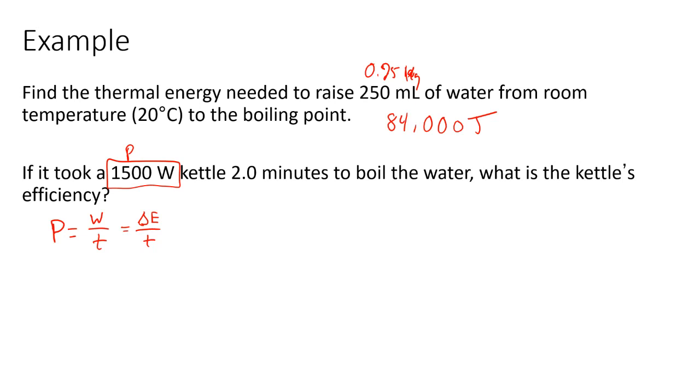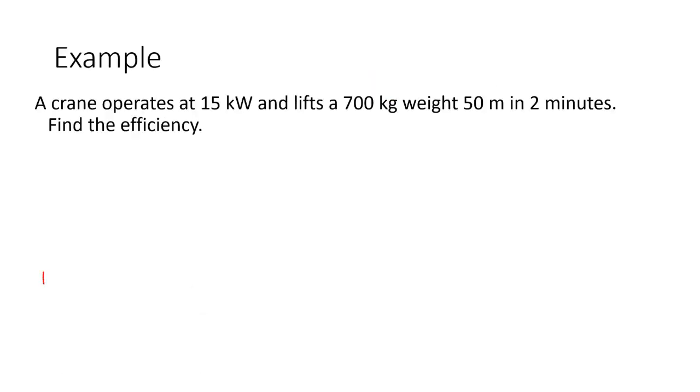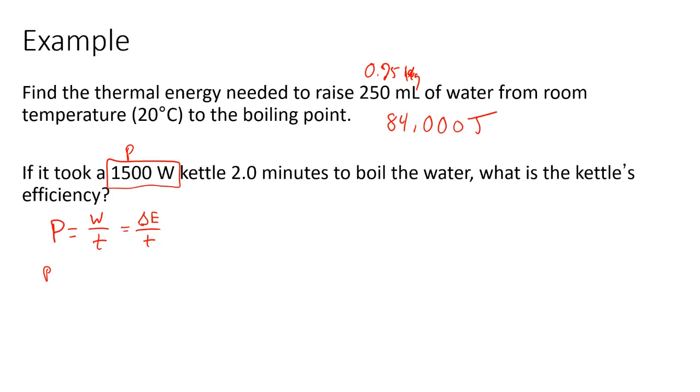If we know that the power of our kettle is 1500 watts, or 1500 joules every second, and that kettle is going to be running for 2 minutes, 2 minutes is 120 seconds. The energy input will be power times time: 1500 joules every second for 120 seconds.